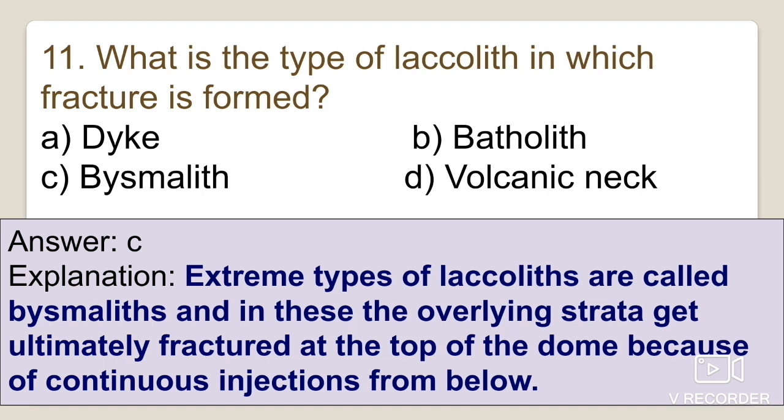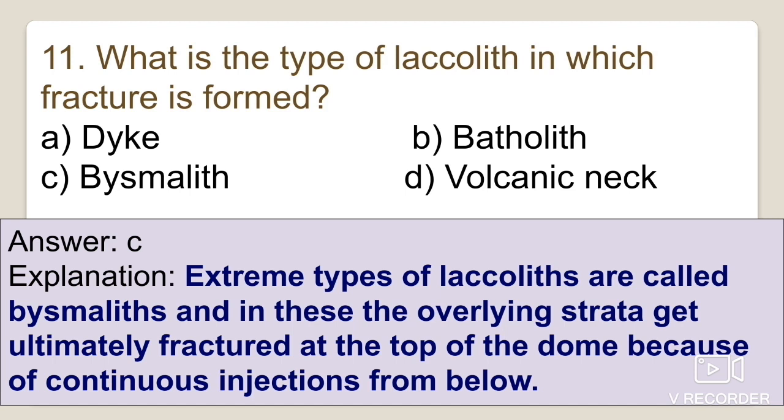The extreme type of laccolith is called a bismuth, and in these the overlying strata get ultimately fractured at the top of the dome because of the continuous injection from below.